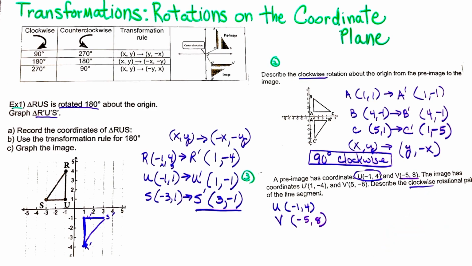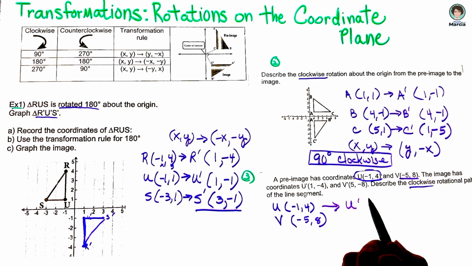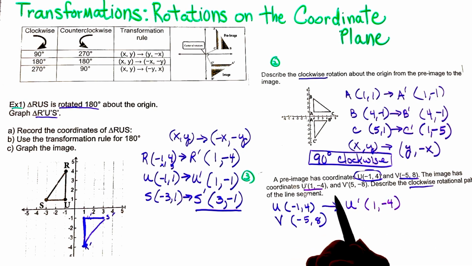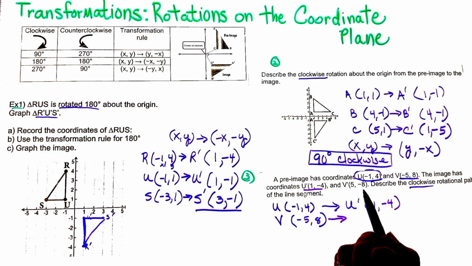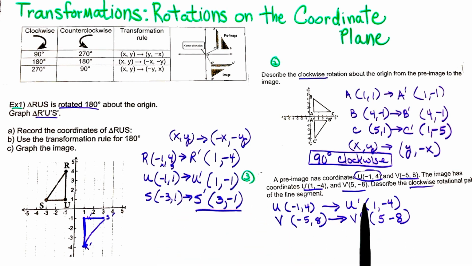So now they told me U prime, the new image, is at 1, -4, and that V prime is at 5, -8. So as I'm looking at this, I'm noticing that the numbers stay in the same order. So I know I've got to pick the one that has the X and the Y in the same order.